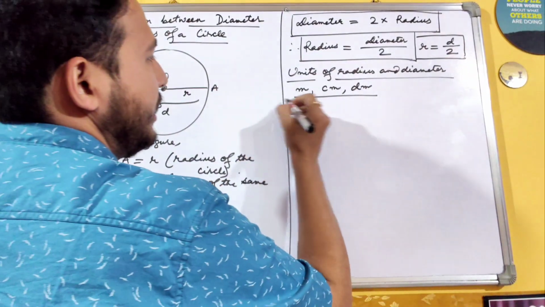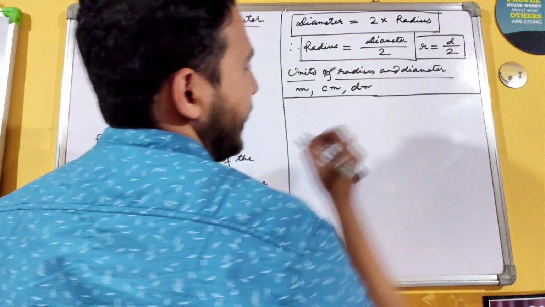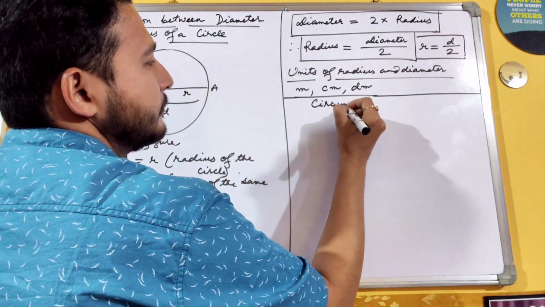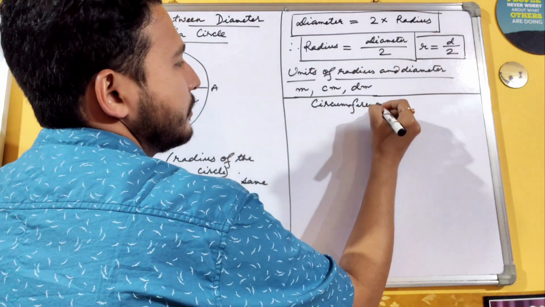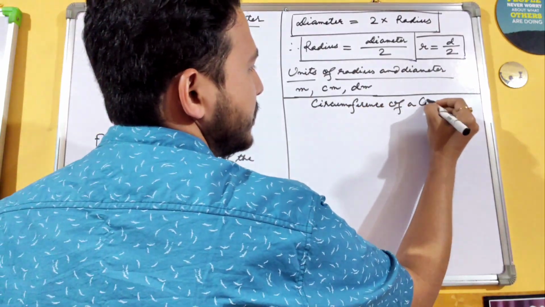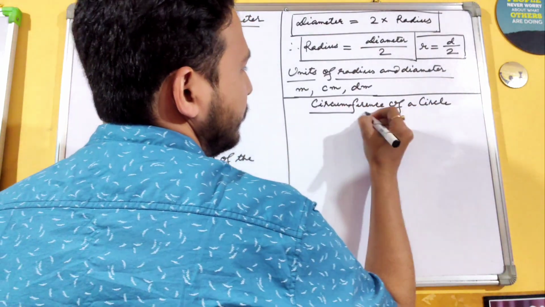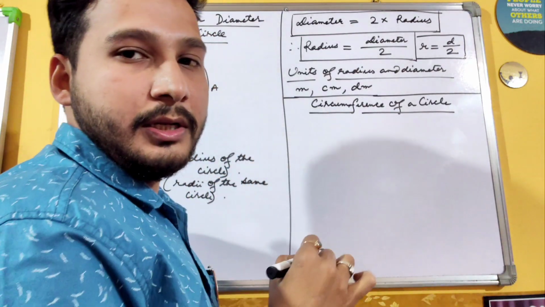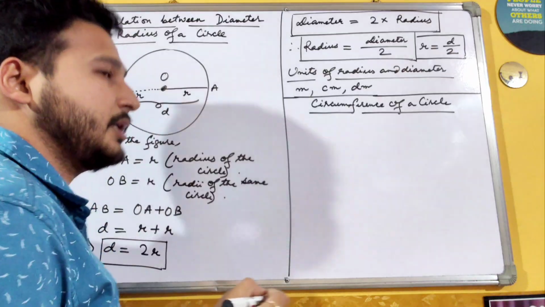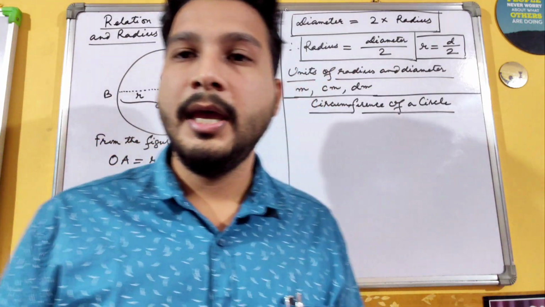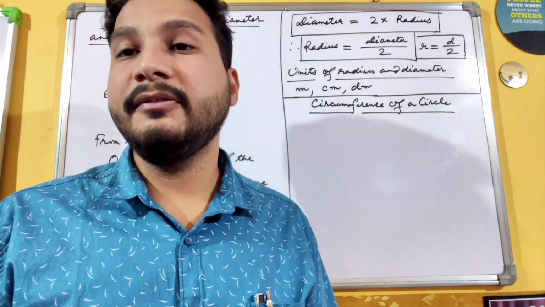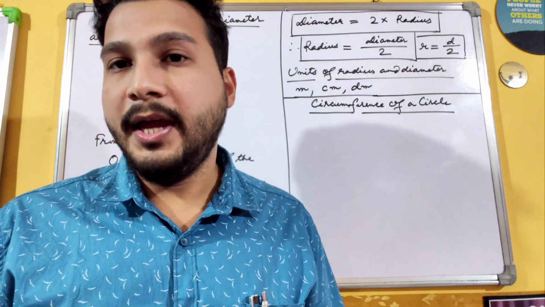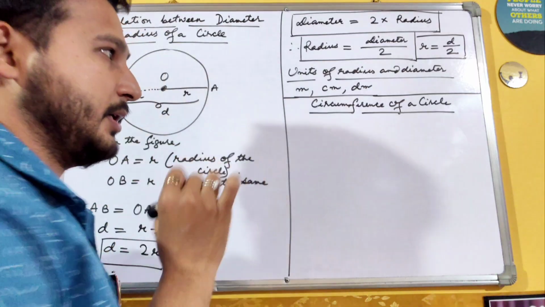Now let's check circumference. Circumference of a circle. So circumference is nothing but the perimeter of a circle. You have studied in square and rectangle, that is for rectilinear figures, the perimeter is defined as the boundary of the object.